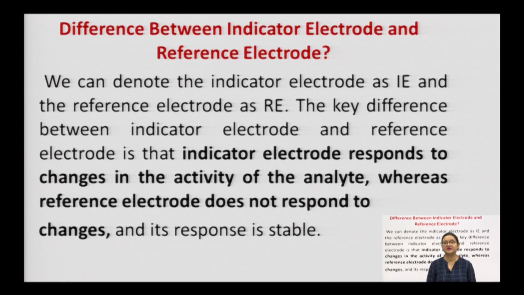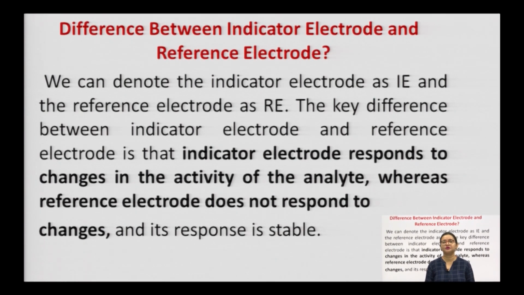It is insensitive to the change in analytical concentration, whereas indicator electrode changes its electrode potential as the concentration of analyte changes. The main basic difference is that between the reference electrode and indicator electrode. We can denote the indicator electrode as IE and reference electrode as RE, as we all came to know in our previous slide.